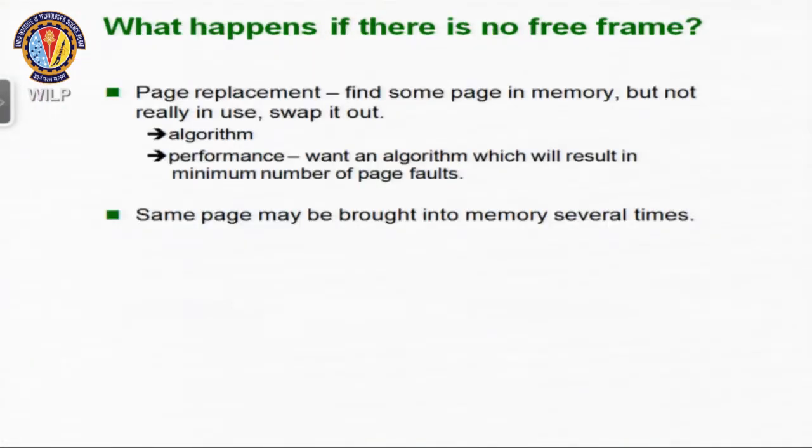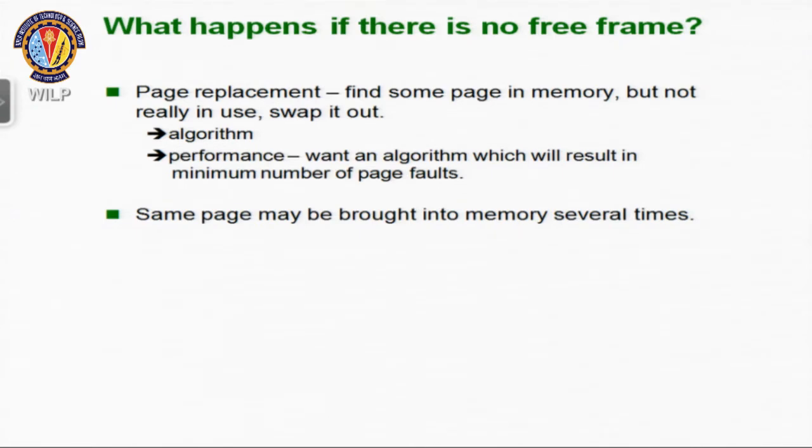While talking about page fault handling, our assumption was that we would look for a free frame, and that a free frame is available. Now there is a possibility that you need to bring in a new page, but there is no free frame.